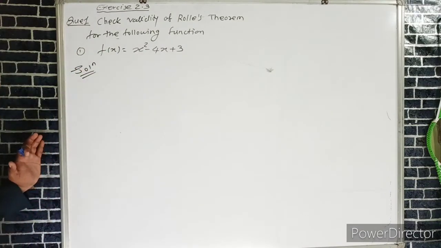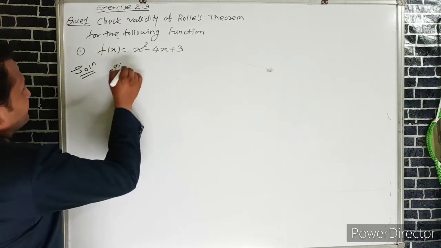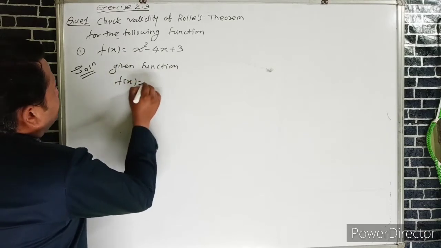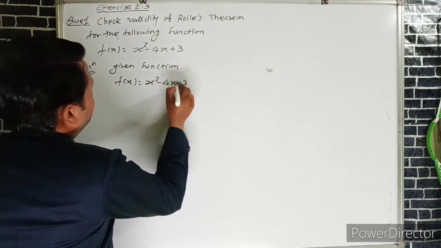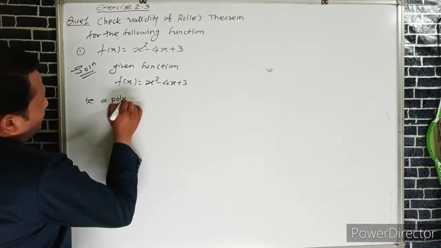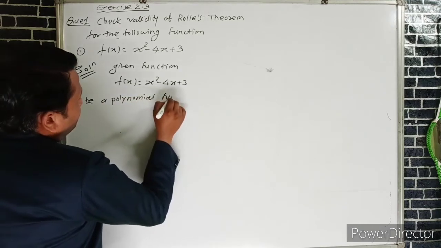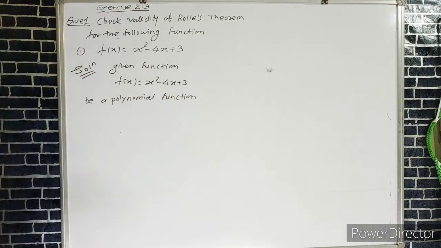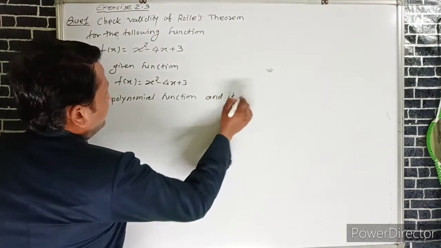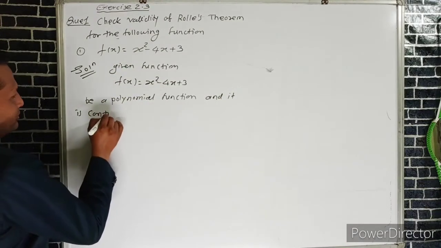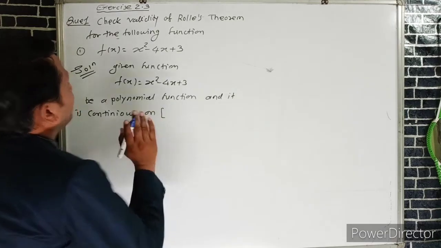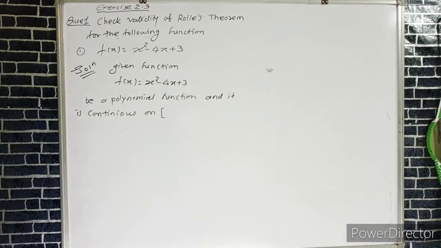we can say that the given function f(x) equals x square minus 4x plus 3 is a polynomial function, and it is continuous on the closed interval a, b.